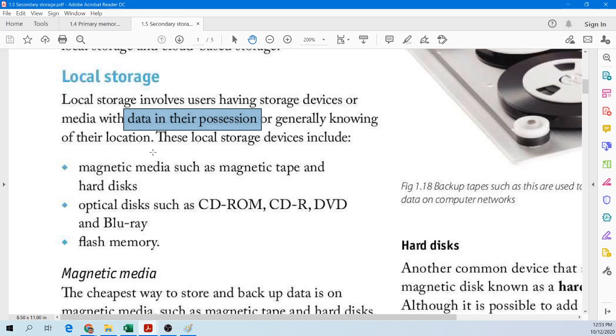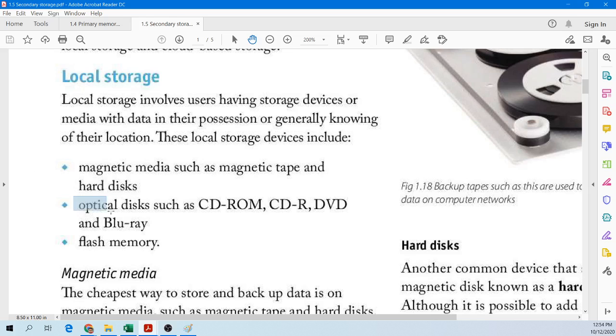Now, when it comes to local storage, there are basically three means by which we can store this data. So there are three categories of storage. We have magnetic media. If you look at the first word, it tells you how the data is being stored. On magnetic media, the data is stored magnetically.